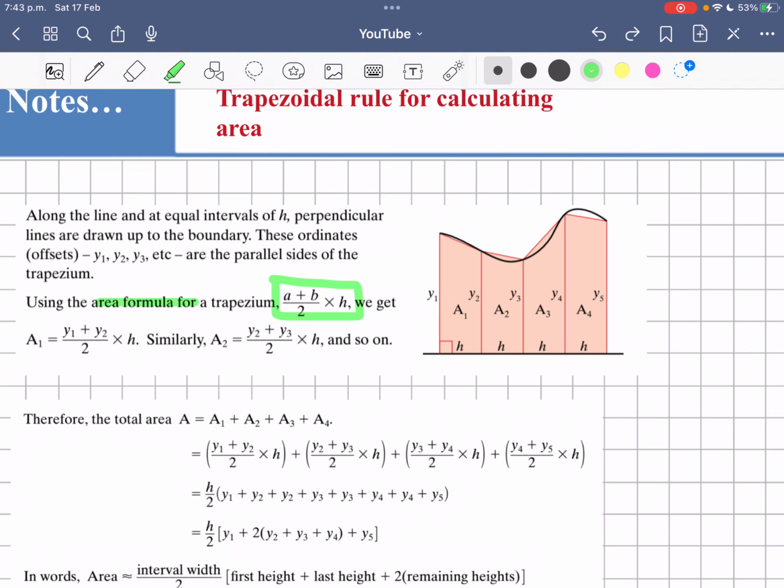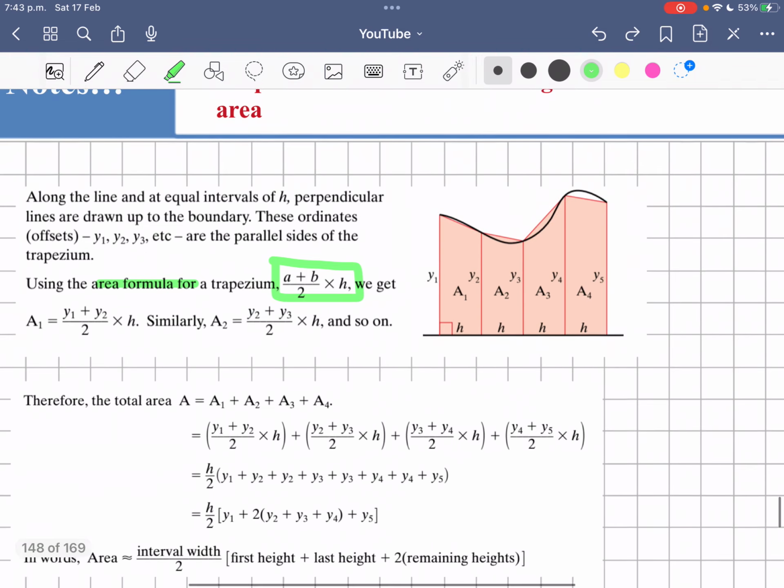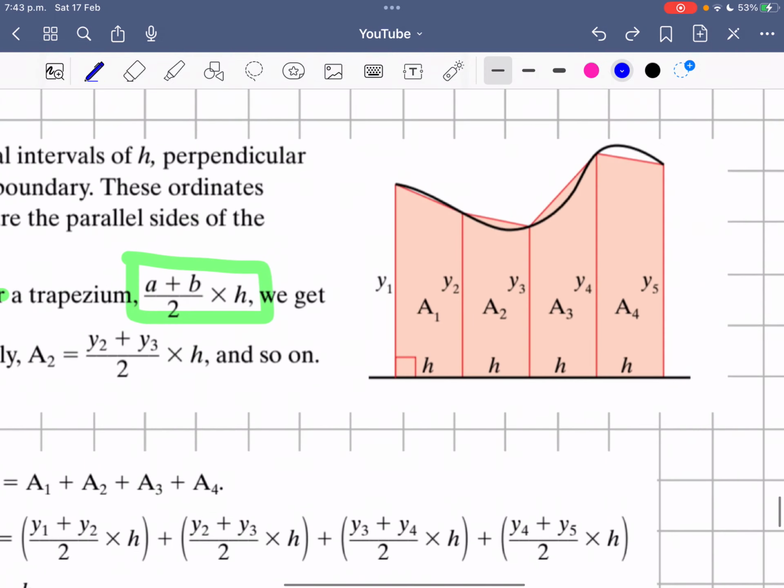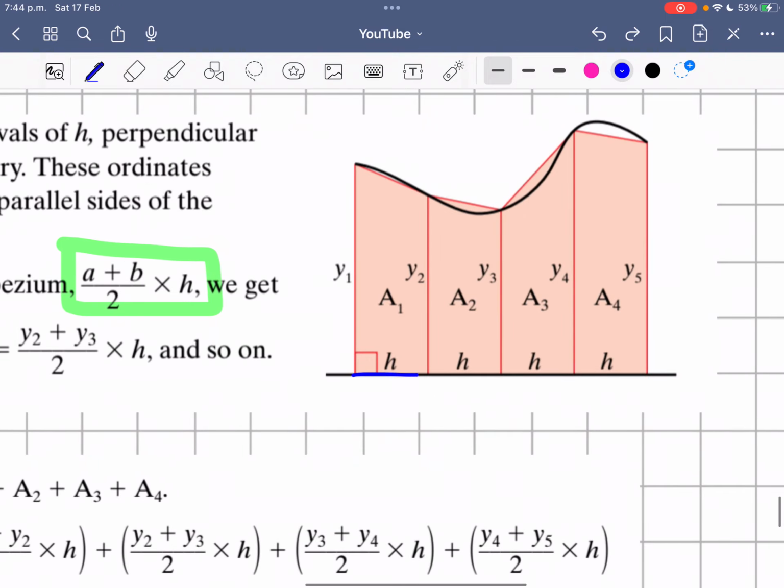The black line is a curve, and we have split this curve into trapeziums. This is the top, for example, and this is your bottom, and then you have a trapezium shape there. The main part of this is that h is the length between your sections.